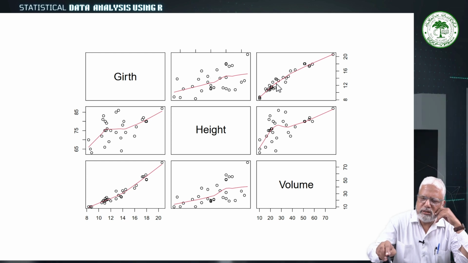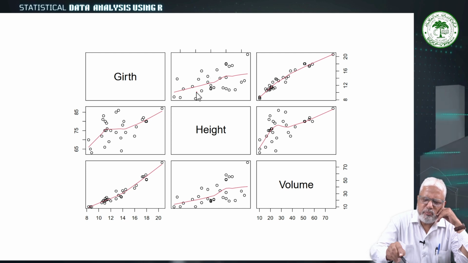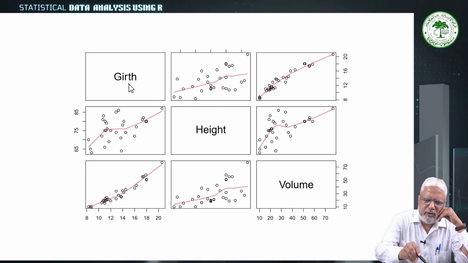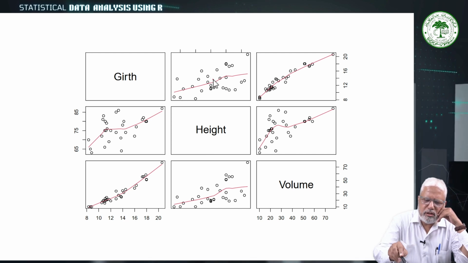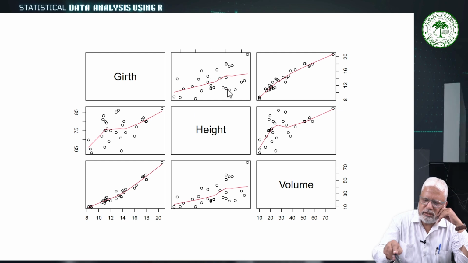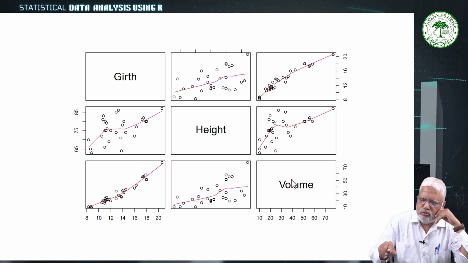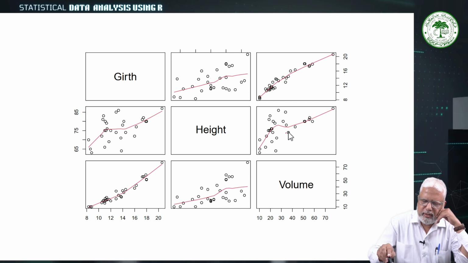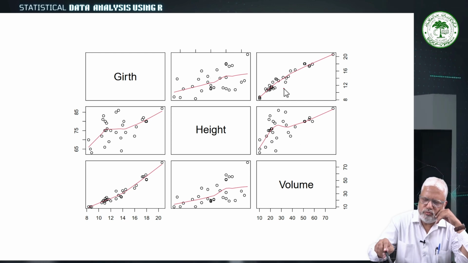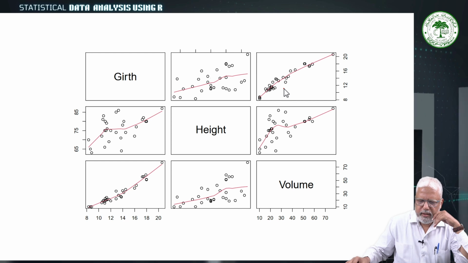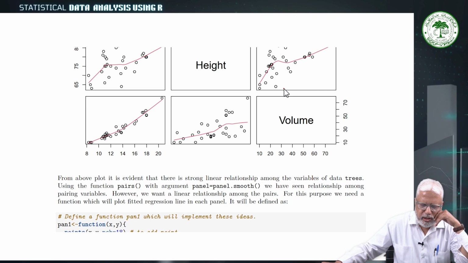So if points are closer to the line, that shows a strong linear relationship, and if points are away from the line, like between girth and height, points are away from the line, so there is a comparatively weak linear relationship as compared to girth versus volume. Similarly, between height and volume, there is a linear relationship, but not as strong as between girth and volume. So this is the interpretation of this scatter plot.